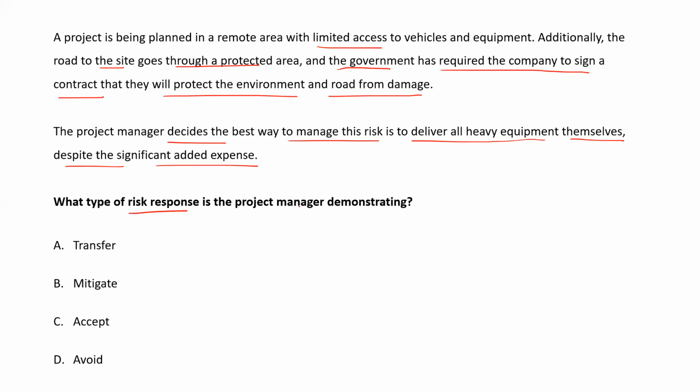What type of risk response are you doing?